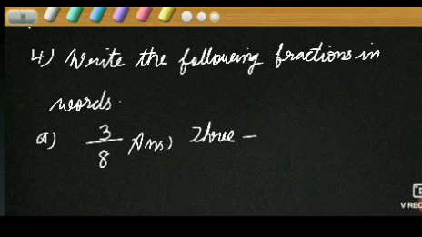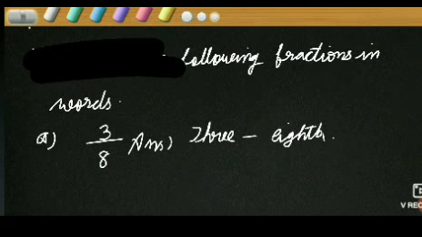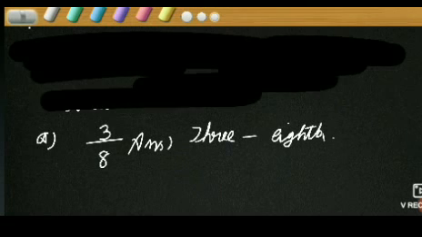We have to write the ordinal number of the denominator. What is the ordinal number of 8? Yes, 8th, EIGHTH. So how does it read in words? 3-8th. Got it?